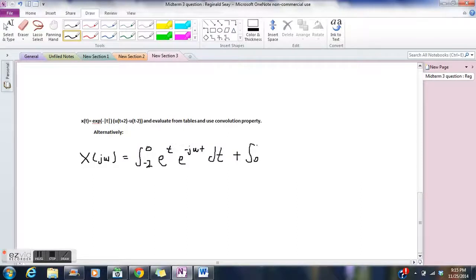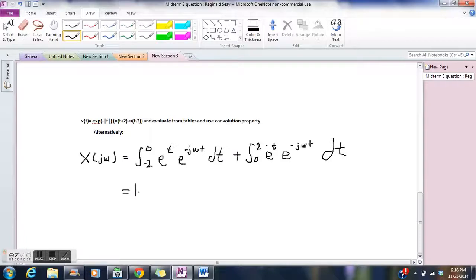So we say x of j omega is equal to the integral from -2 to 0 of e to the t times e to the negative j omega t dt, plus the integral from 0 to 2 of e to the negative t times e to the negative j omega t dt. Both are multiplied by dt because both of these are with respect to t when you take the integration.